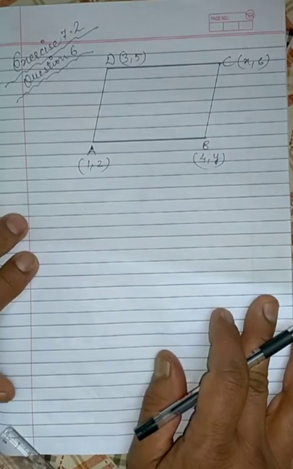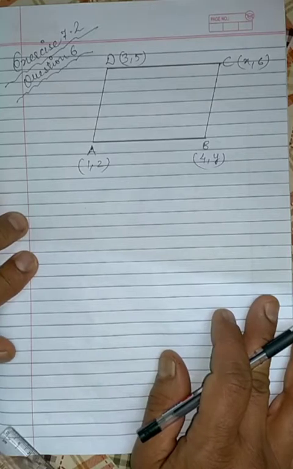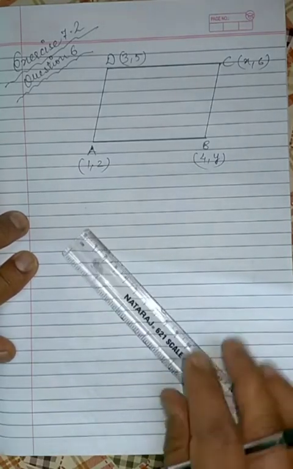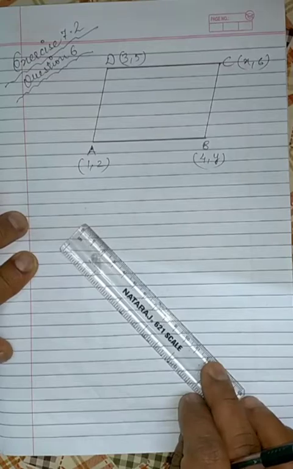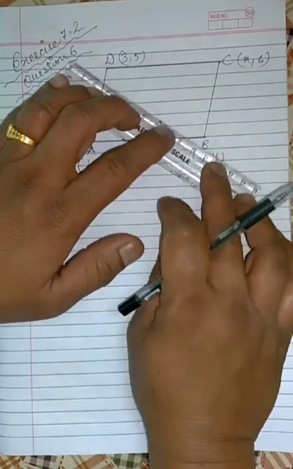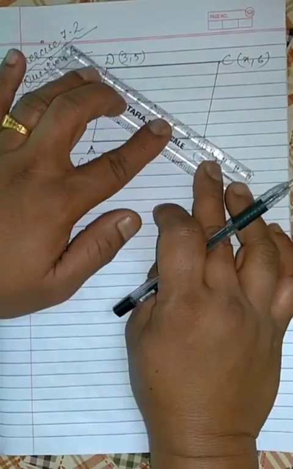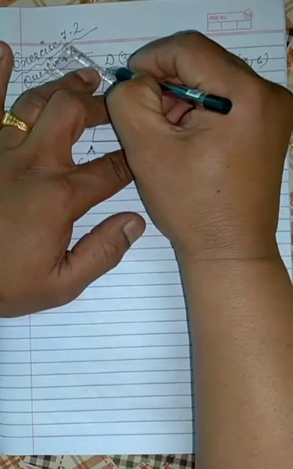So here, to find the value of x and y, we will use the property of parallelogram. As we know that in a parallelogram, diagonals bisect each other.